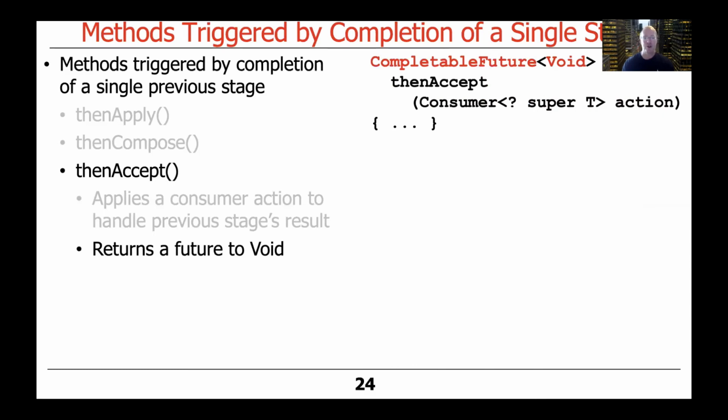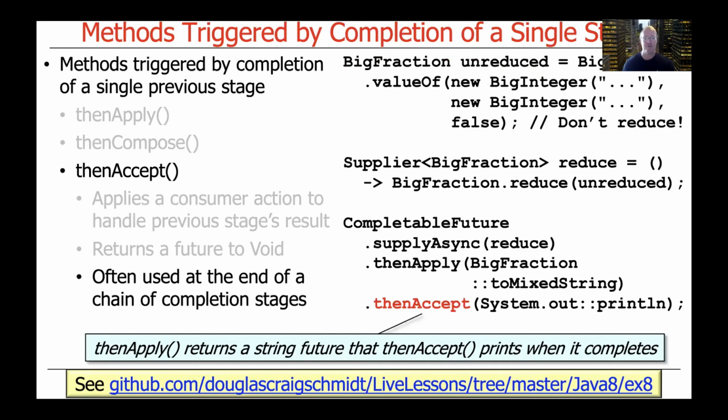And notice it returns a CompletableFuture<Void>. So that means there's no return value. As a consequence, thenAccept is most commonly used at the end of a chain, a fluent chain of dependent actions, as the very last one, or typically the last one.